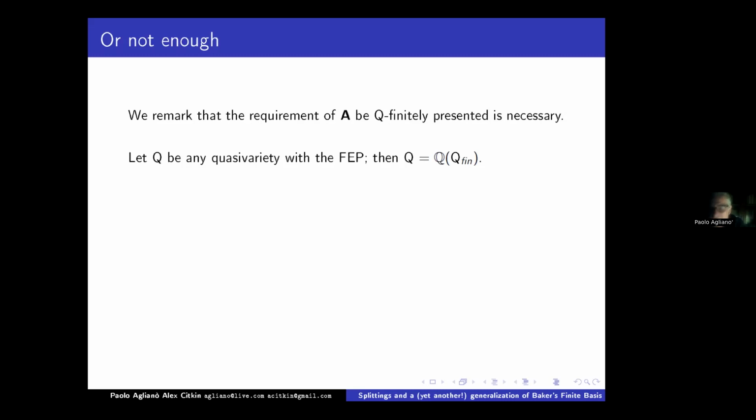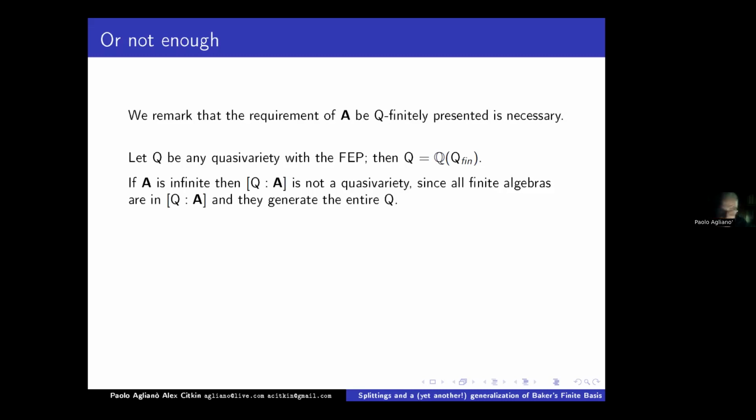It's almost automatic. So if I take an infinite algebra there, then Q over A cannot be a quasi-variety, because all the finite algebras are there, and they generate the entire quasi-variety. So it's clear that that cannot be a quasi-variety. So finitely presented is necessary.